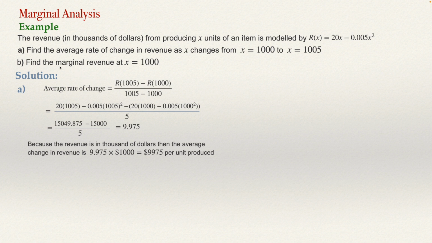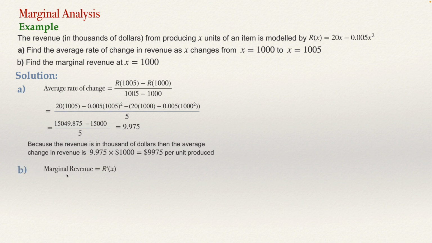For answering the second question, what is the marginal revenue at x equal 1000? Remember, the marginal revenue is the derivative of the revenue function. That will give me the marginal revenue at whatever point. So let's find it.